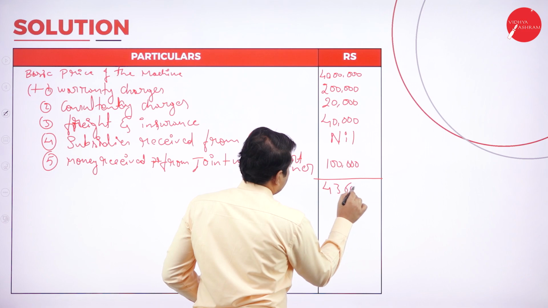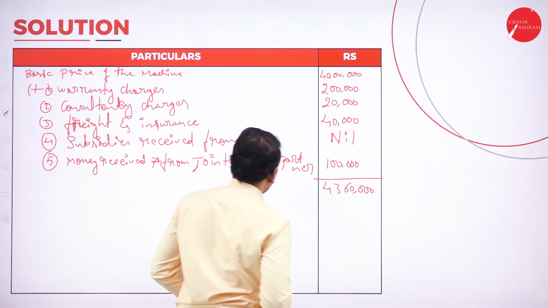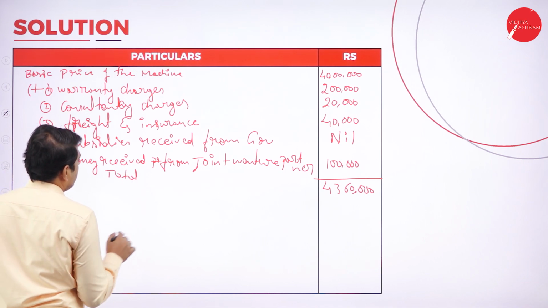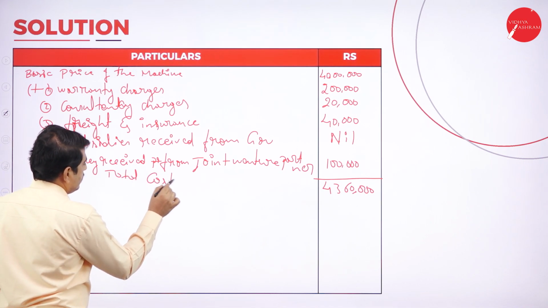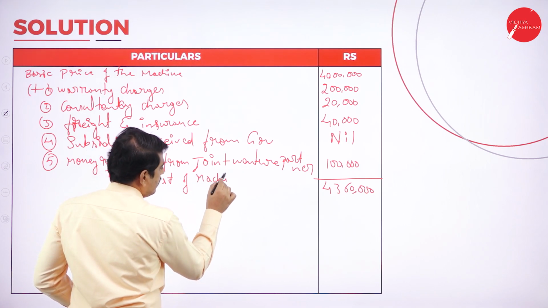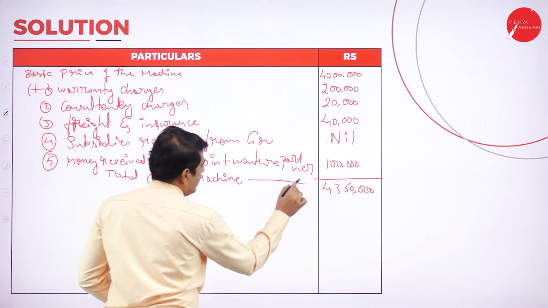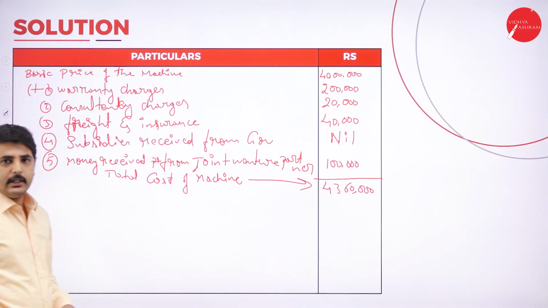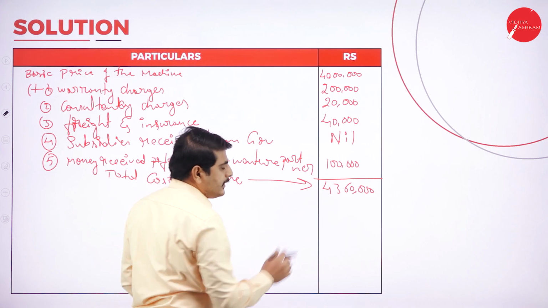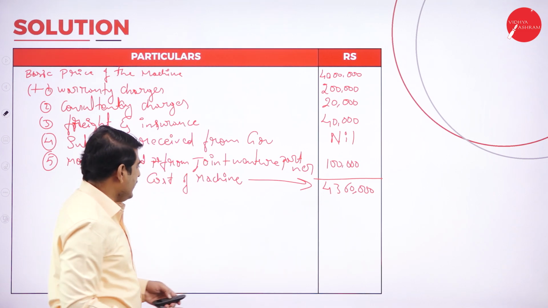So the total cost of the machine is 43 lakh 60,000.